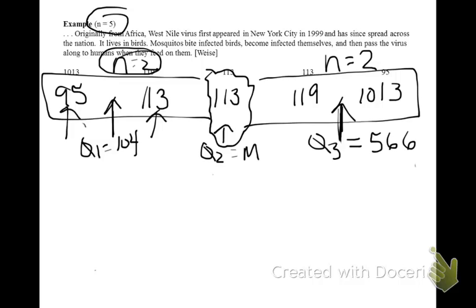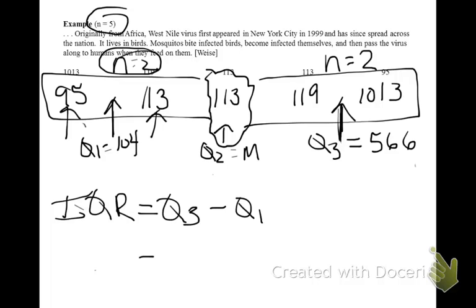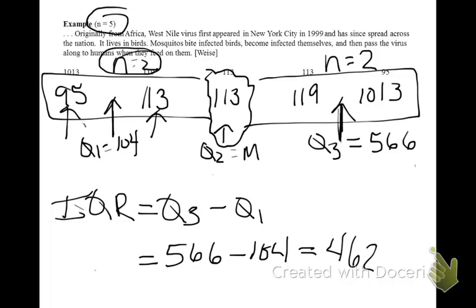Another thing I could ask you to calculate is your interquartile range, which would be your third quartile minus your first quartile, or in this case 566 minus 104, which is 462. I could also ask you to calculate your upper and your lower fence.